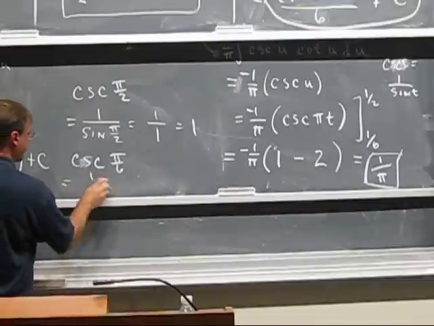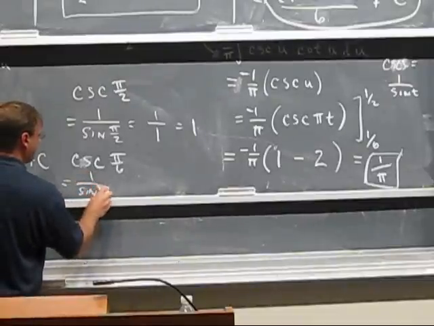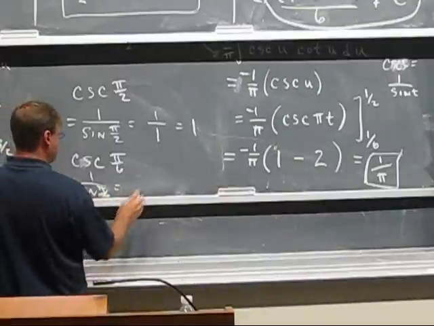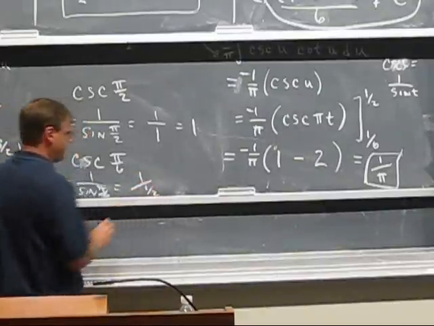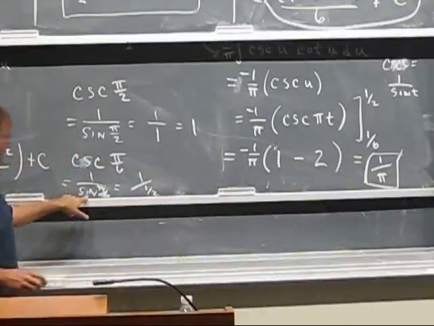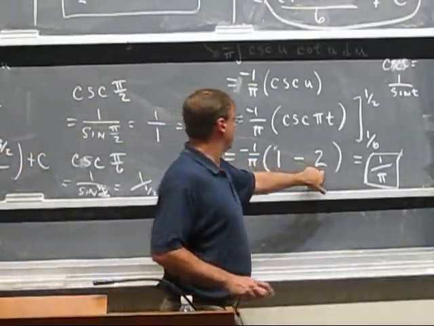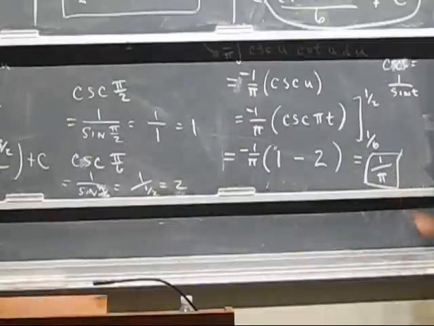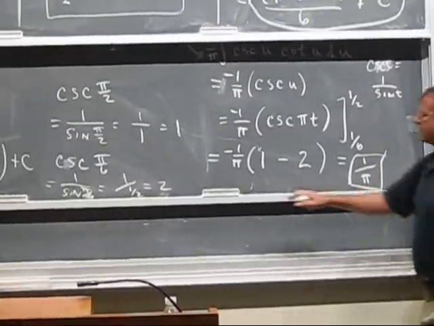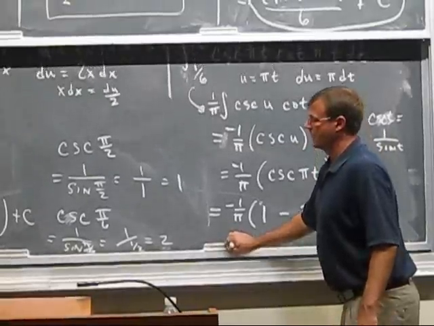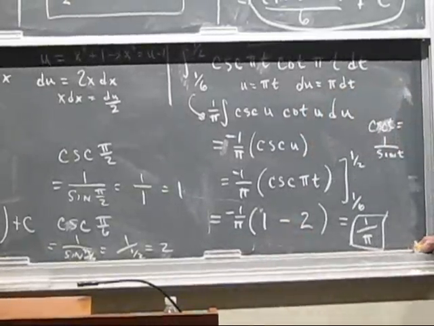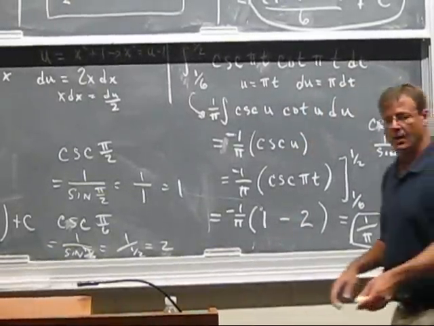That's the same as 1 over sine of pi over 6, which is the same as 1 over 1/2, because sine of pi over 6 is 1/2, which is 2, and that's this 2 right here. Okay, so the final answer is 1 over pi, and that's the complete solution. Okay, that's it.